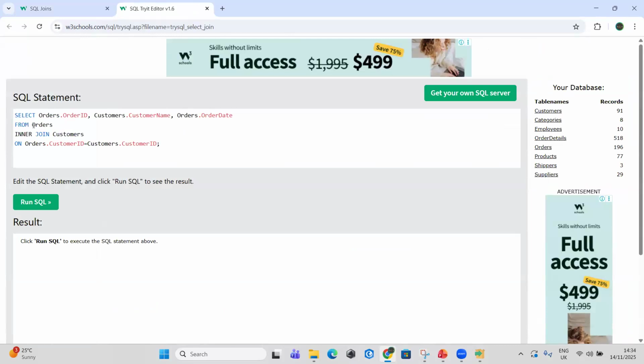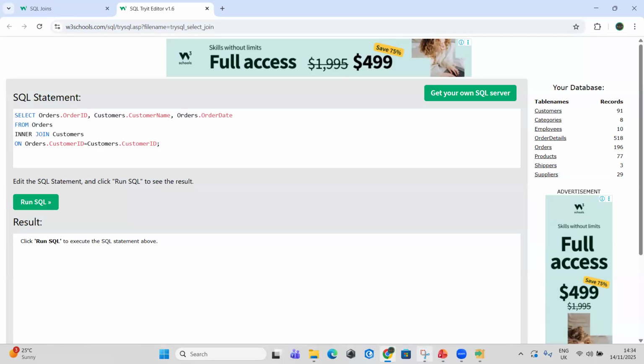Because now we have two tables, right? Just mention one table here. Just mention any one. Maybe you could mention customers or maybe you could mention orders. Yes. Then you write inner join.